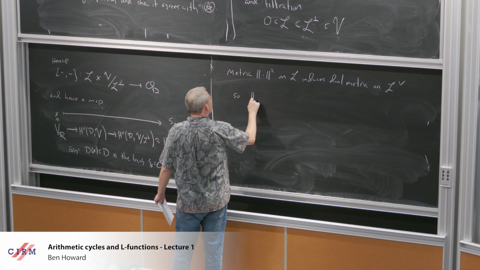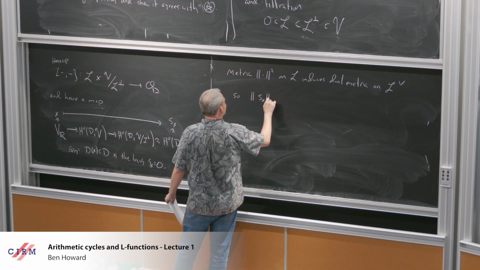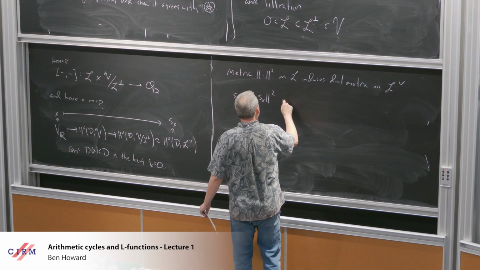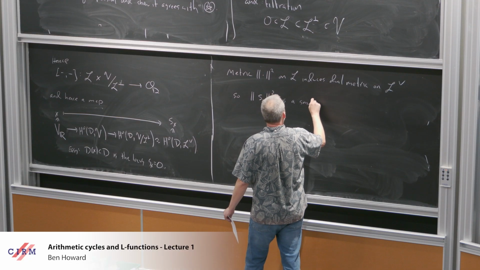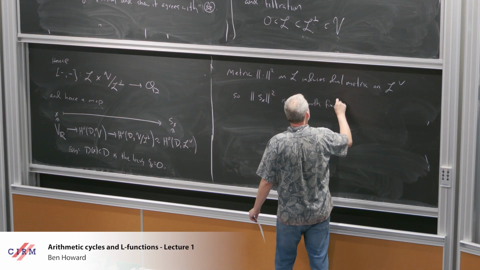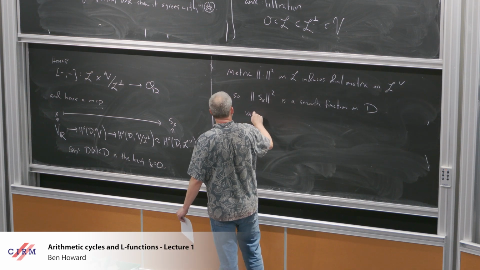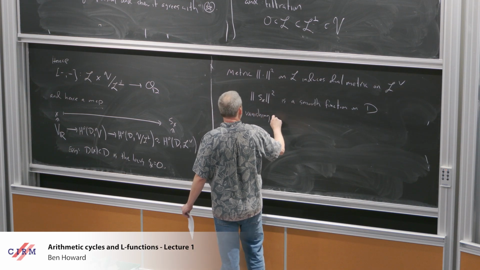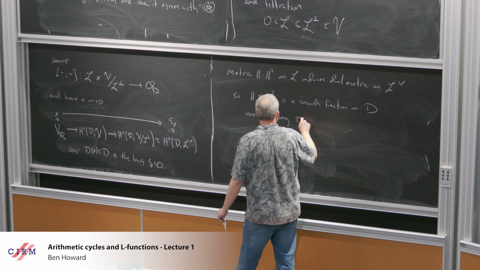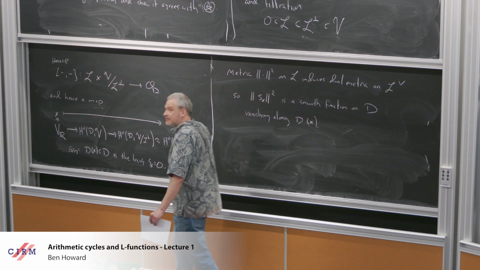And so I can take the norm of this special section associated to x, and this is a smooth function on D, vanishing precisely on D of x.